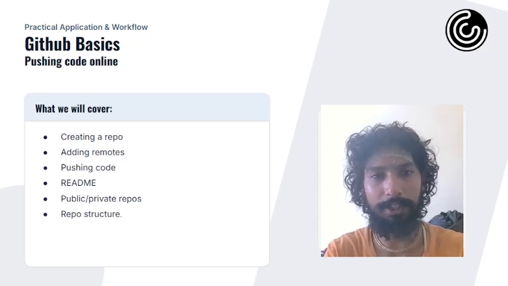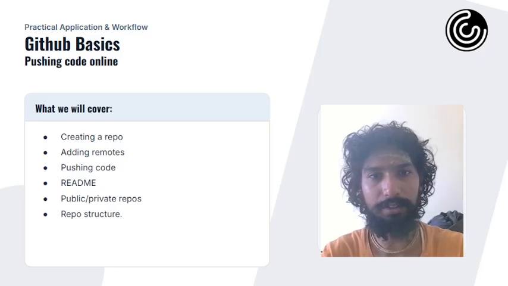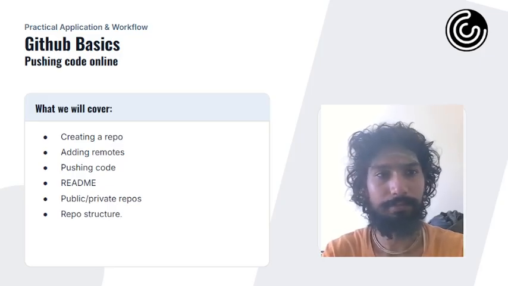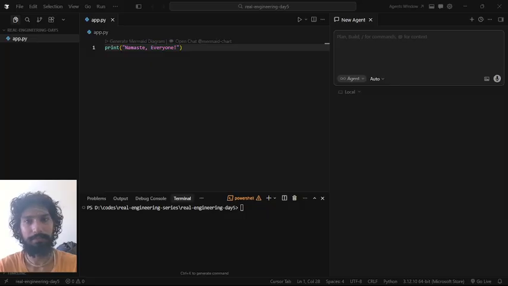Now let us open our project. For this demo, I have created a very simple project. So it has one app.py file inside the folder Real Engineering Day 5. Now let's open the terminal inside Cursor.